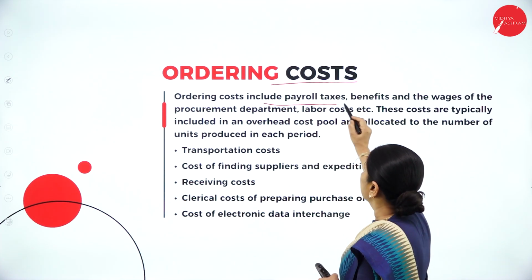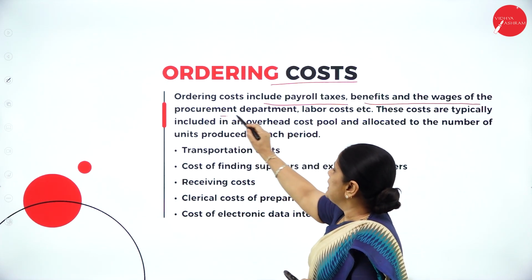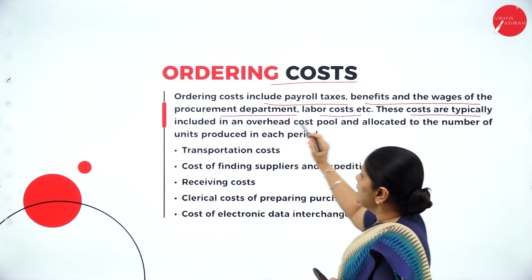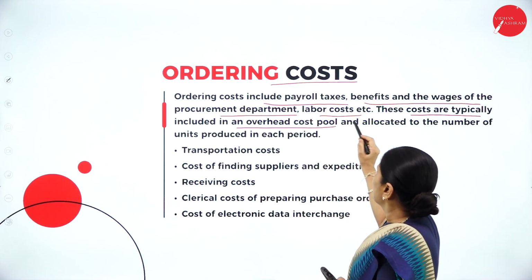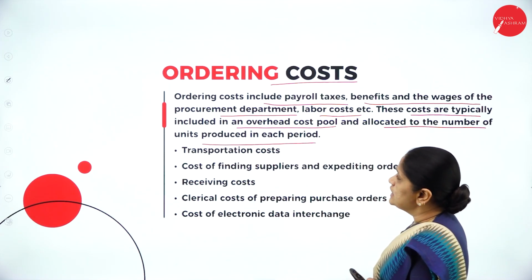It includes payroll taxes, benefits and the wages of the procurement department, labor cost, etc. These costs are typically included in an overhead cost pool and allocated to the number of units produced in each period.